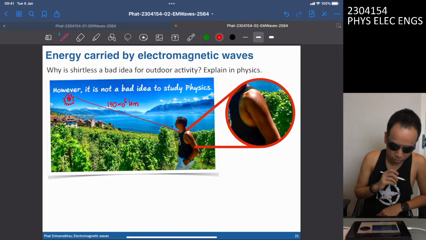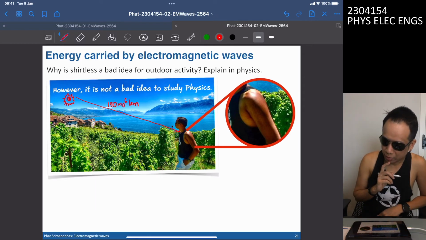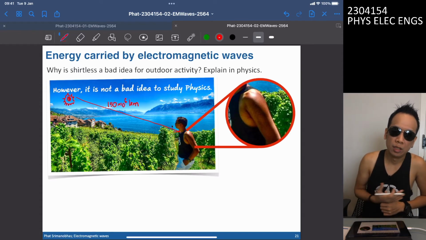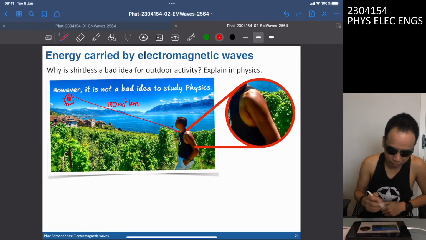What you need to know is basically the power of the sun, right? What is the energy released from the sun per second?